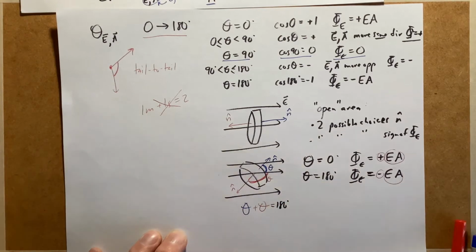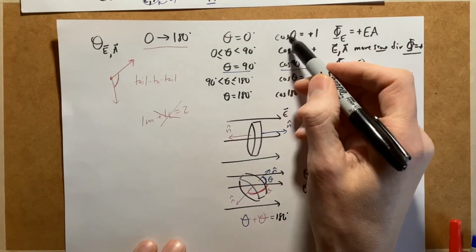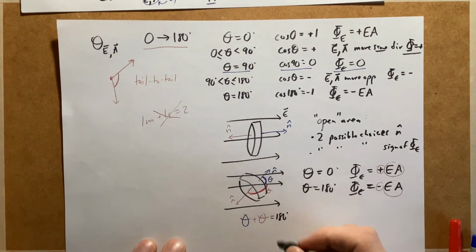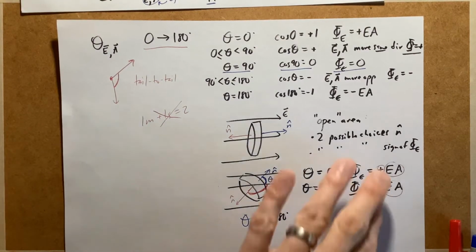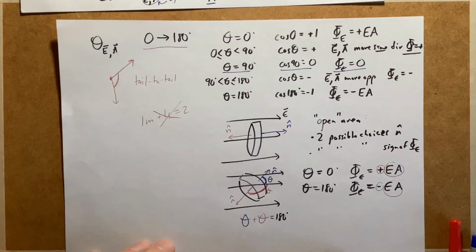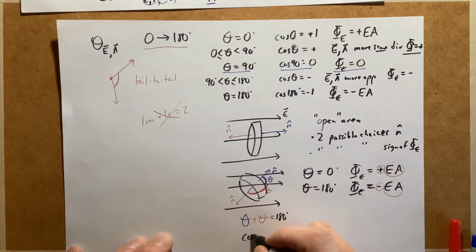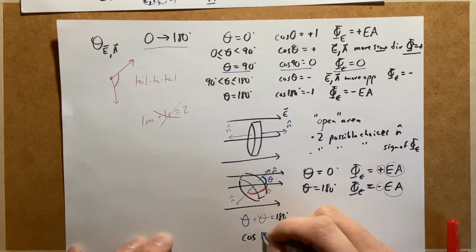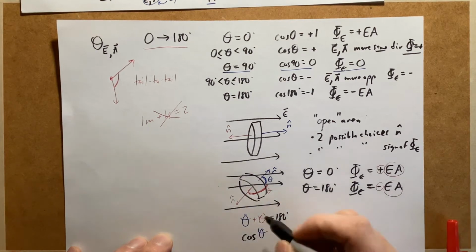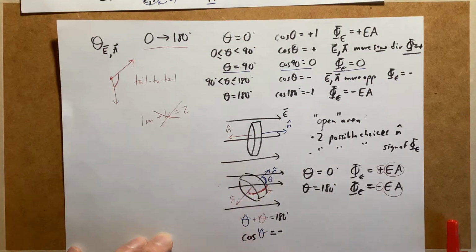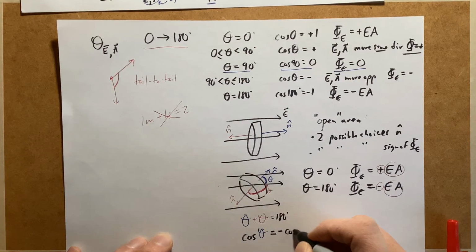And it turns out the cosine of an angle and the cosine of its supplement are always going to be opposite signed, so otherwise equal, but with a differing sign. So the cosine of the blue angle is going to be the negative of the cosine of the red angle.